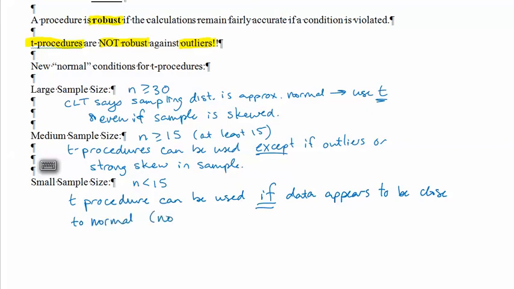In other words, there's no skew, it's roughly symmetrical, single peak, no outliers.